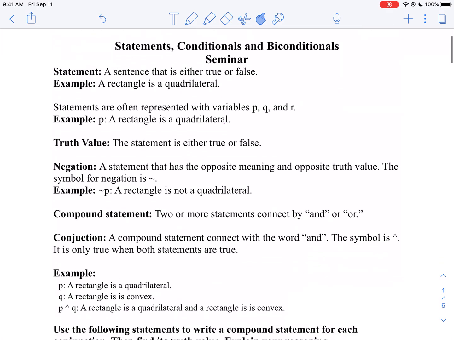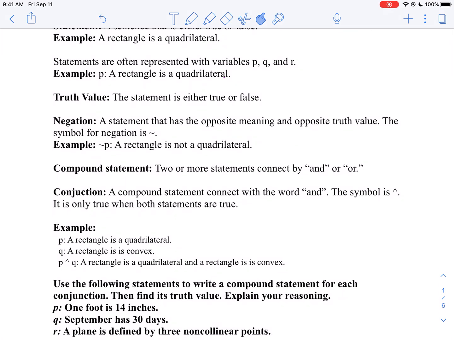Just like compound sentences in English, we have compound statements. A compound statement has two or more statements. Usually, in geometry, they're going to be connected with the word and or the word or, kind of like you did in English with compound inequalities. If you see the little caret, that means and.